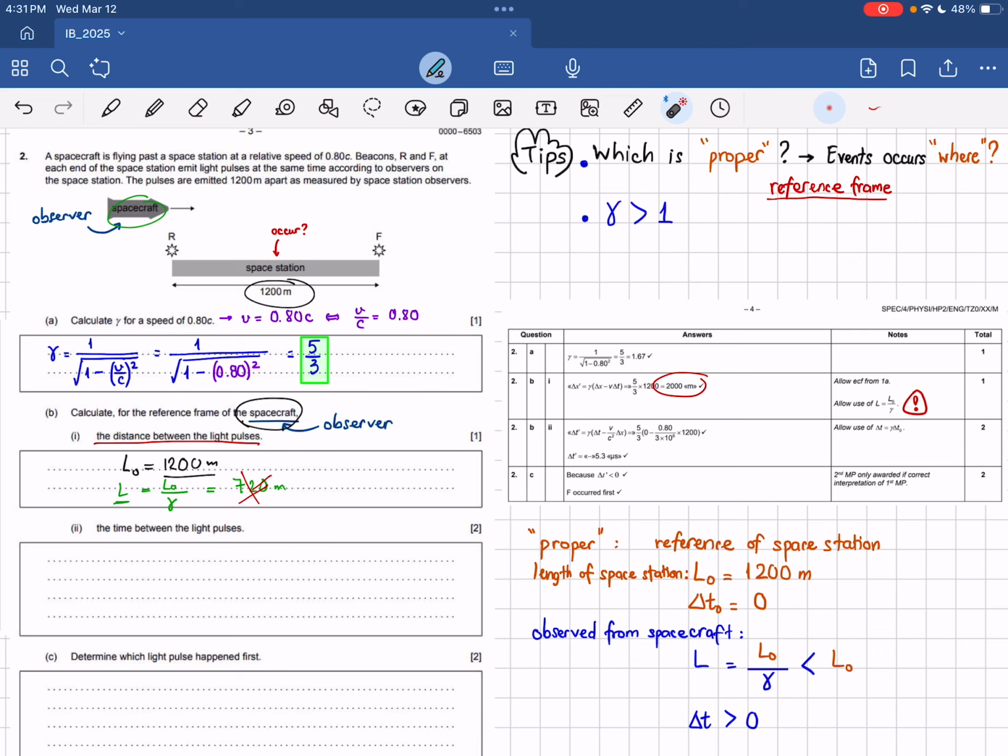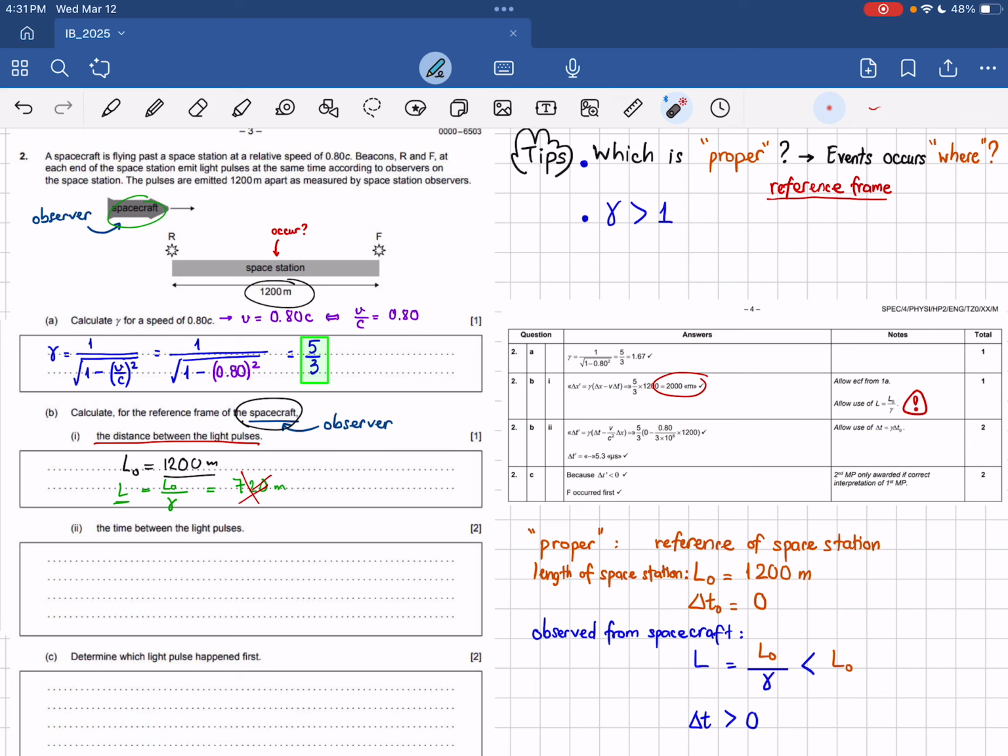But for a person in the spacecraft, they don't happen at the same time, right? Remember the concept of time dilation? The proper time here at the space station is 0, but for the one from the spacecraft, it's not 0, they're different. So because they're different, that's why the length is not this one, right?